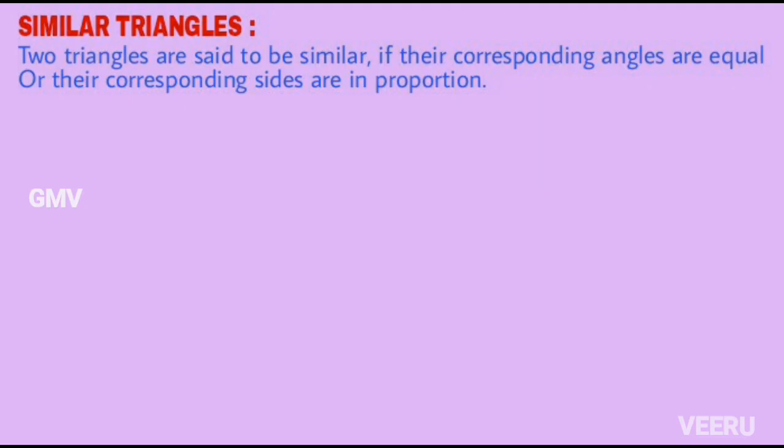Now, let us discuss the similar triangles. Two triangles are said to be similar if their corresponding angles are equal or their corresponding sides are in proportion. See the figure.